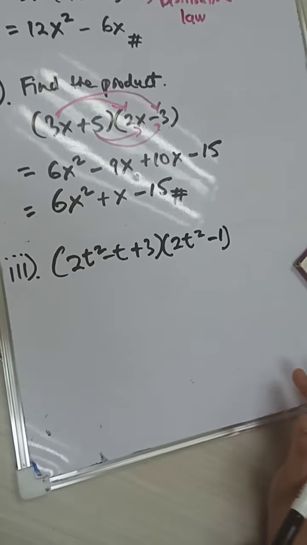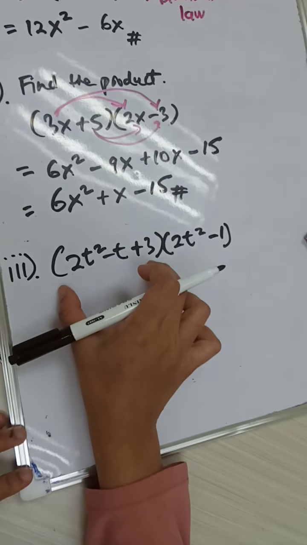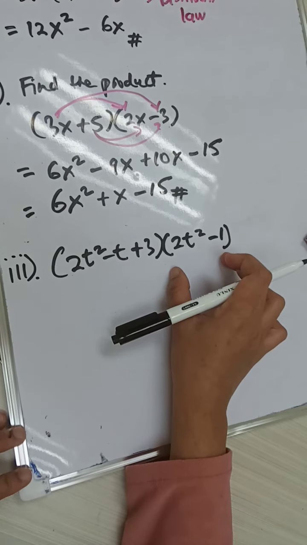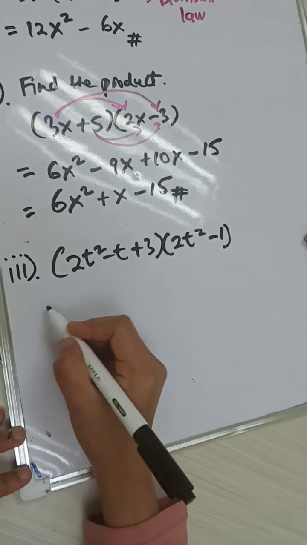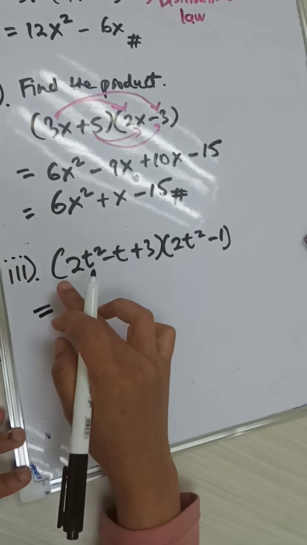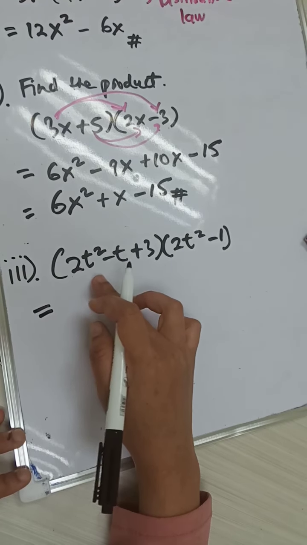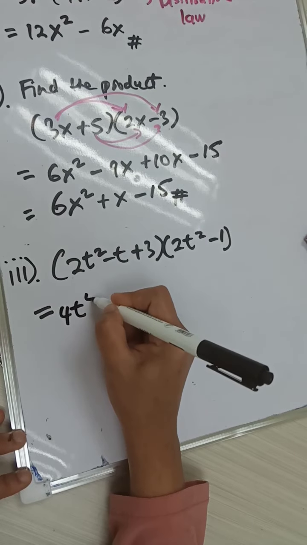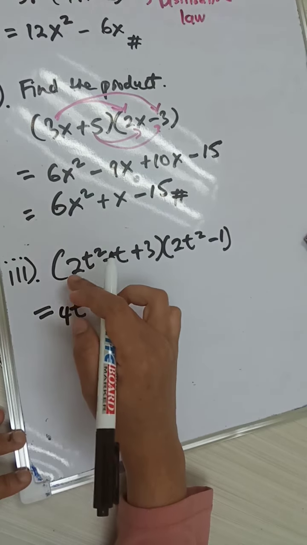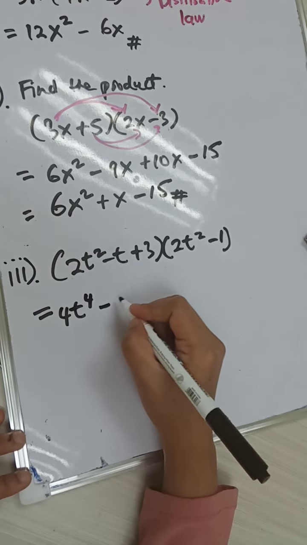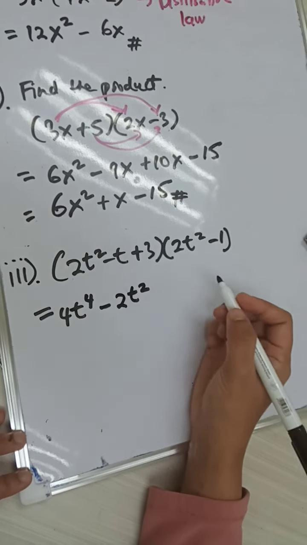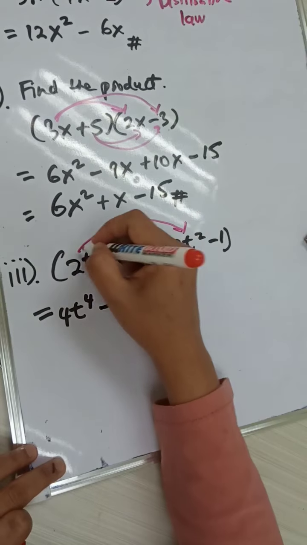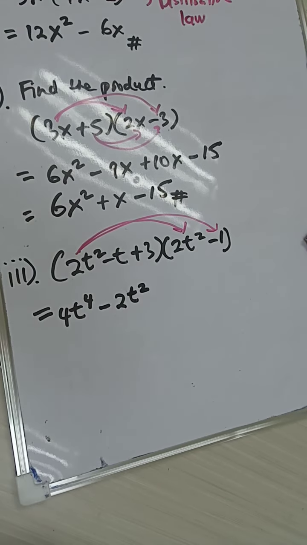Okay, this is example 3. Now we have 3 terms inside the first bracket and 2 terms for the second bracket. Now we have to expand one by one. Okay, expand 2t square multiply 2t, so we get 4t power 4. Okay, and then the second one minus 2t square. Okay, this is when you multiply this one and also this one.